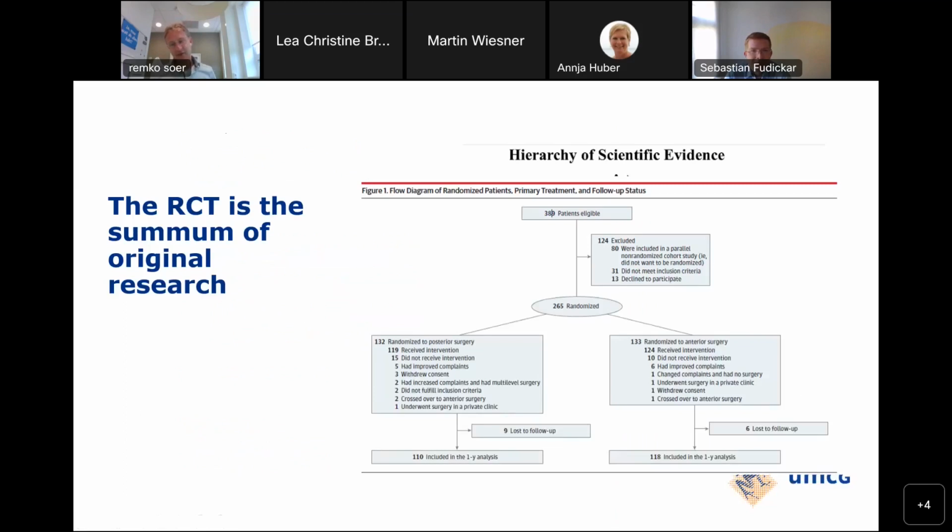So I would like to talk about the randomized controlled trial, and to be honest, I did quite a lot of randomized controlled trials. When I started doing research, I really thought that the randomized controlled trial is the summum of original research.